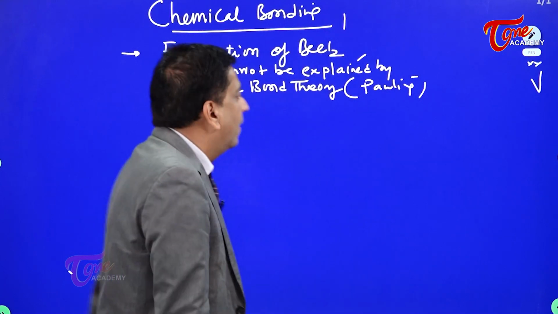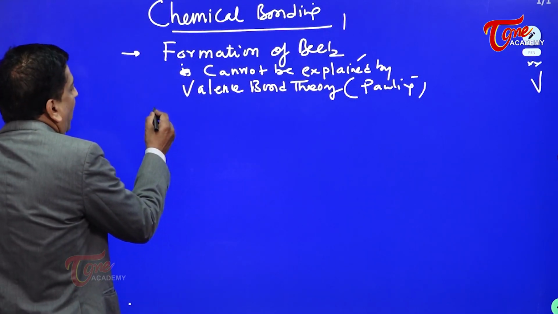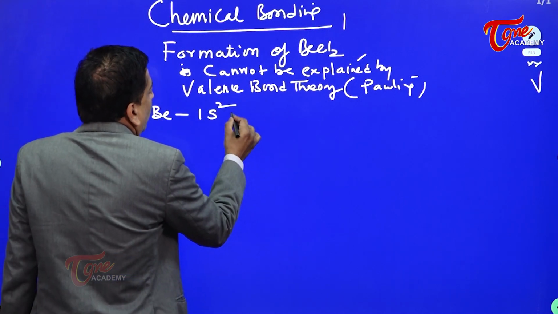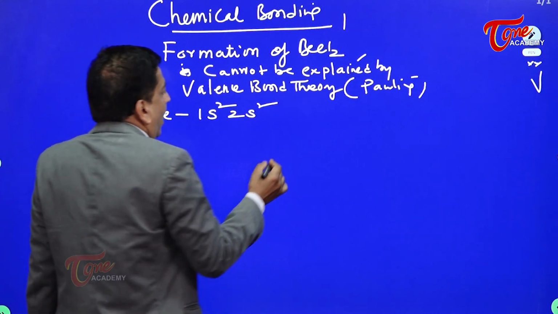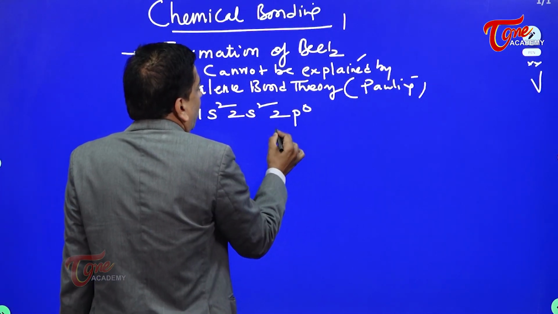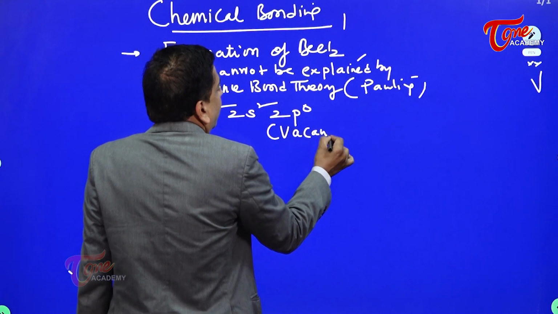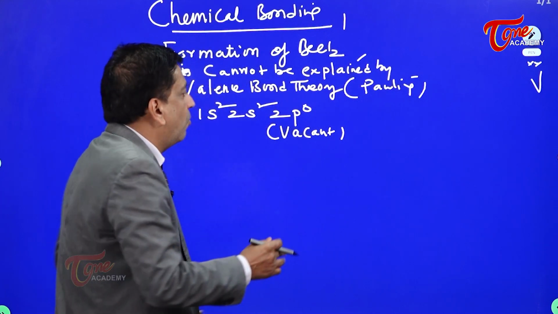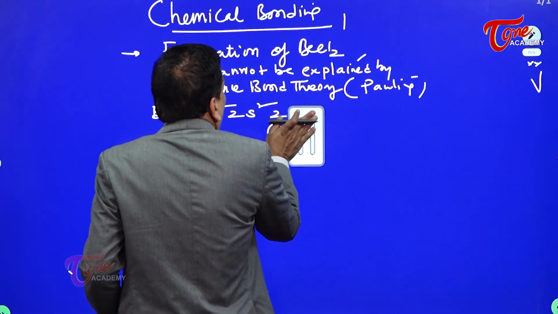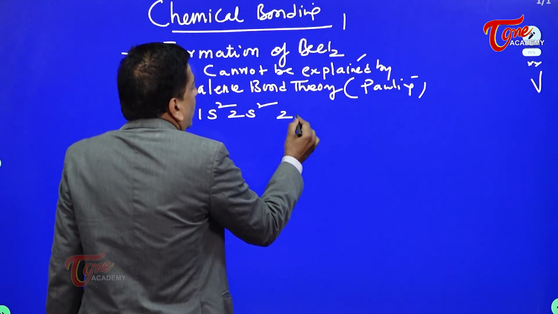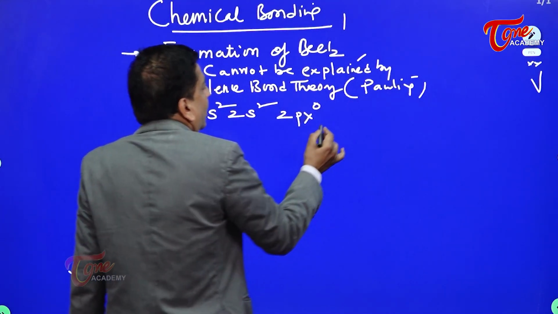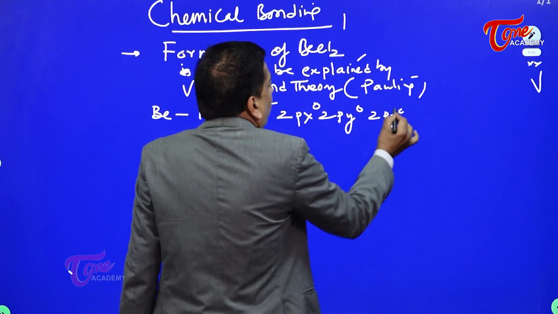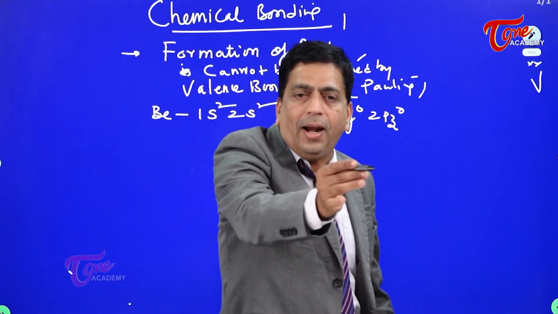Why? Let us see. Let's write the beryllium configuration. It's 1s2, 2s2, and the entire 2p0 which is vacant. If I split the vacancy, it is 2px0, 2py0, and 2pz0. And I have the habit of underlining the outermost shell.